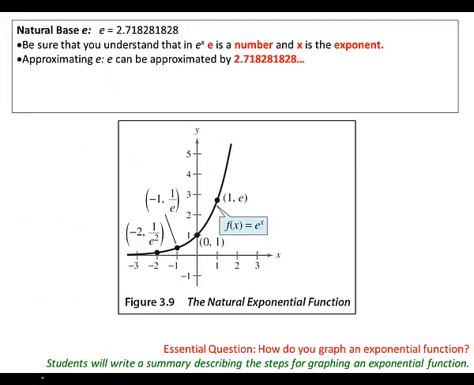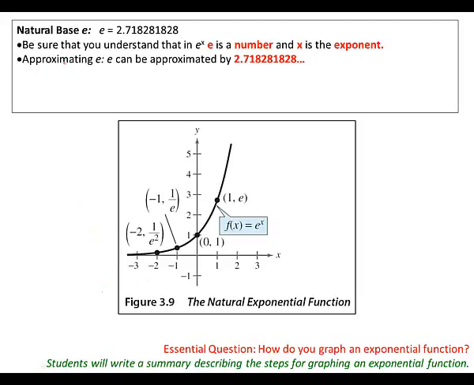I'm going to retake attendance here. Okay. Sophomores, you're all now marked here.